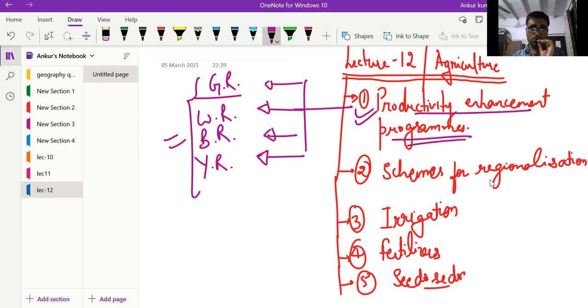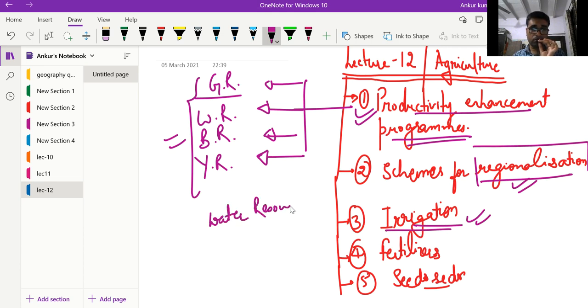The second topic would be the scheme of regionalization. There are different schemes of regionalization in agriculture that we will be covering. The third aspect is irrigation. Although when we discussed water resources, we covered a lot of topics of irrigation, here also we will cover irrigation from the perspective of agriculture.